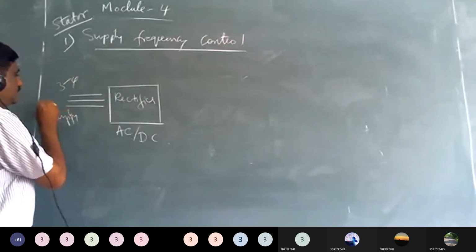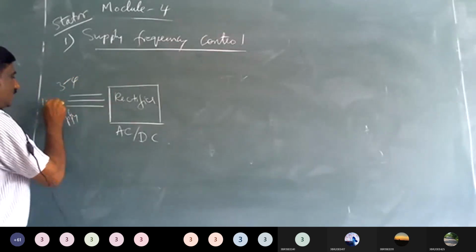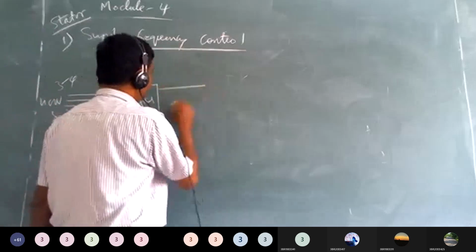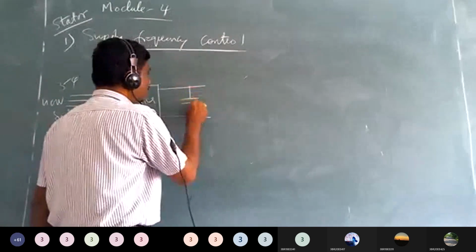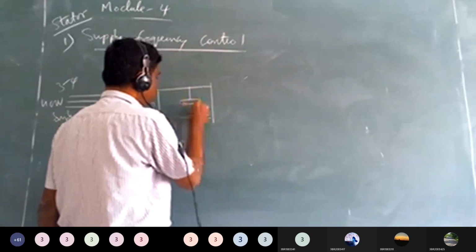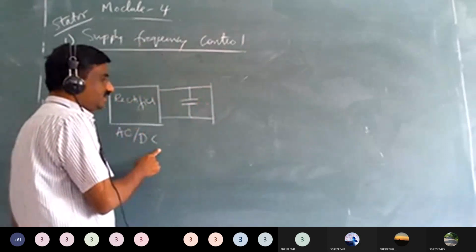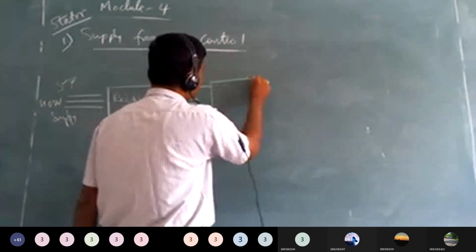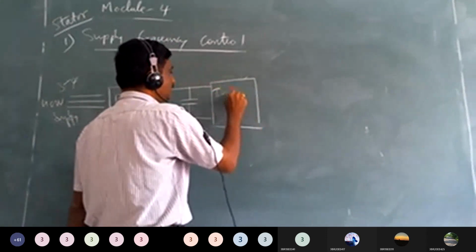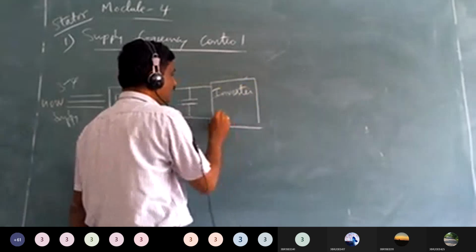Here the available three-phase supply, 440 volts, maybe 400 or whatever it is, is converted into DC and stored in the capacitors. This stage is called the DC link. AC is converted into DC, and again DC is converted back to variable AC. This is the inverter.